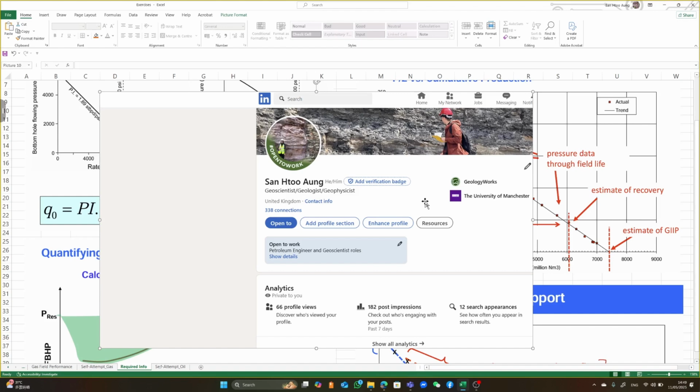I thought to divide today's session into two parts. One is to talk about gas production, and later we will focus on oil production. Gas production is much easier to calculate using these graphical approaches, but oil production is slightly more complicated because we need to use material balance approaches and things like that.